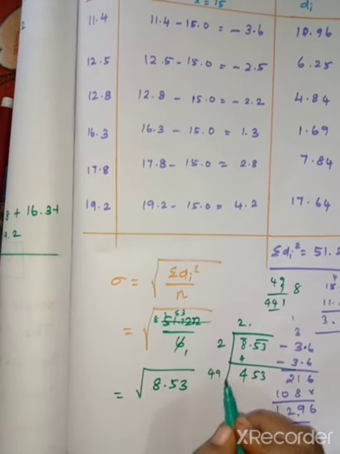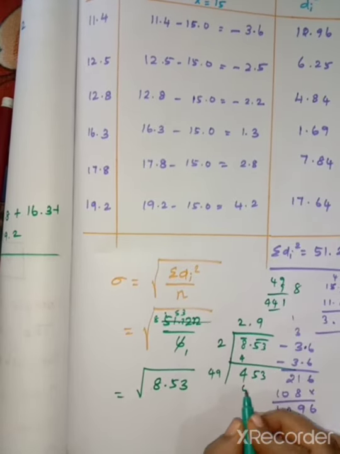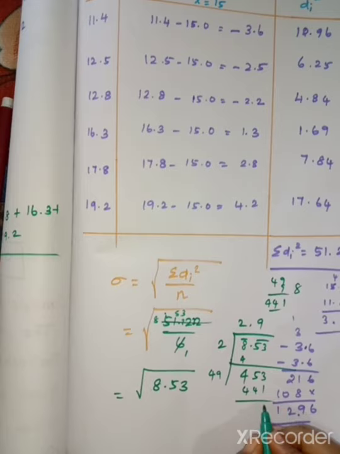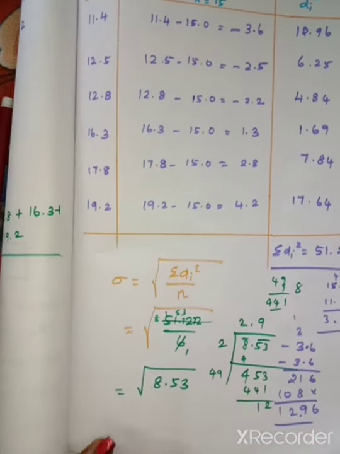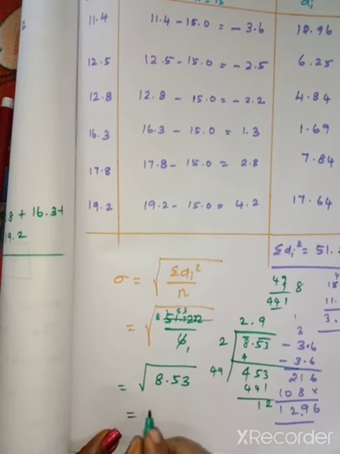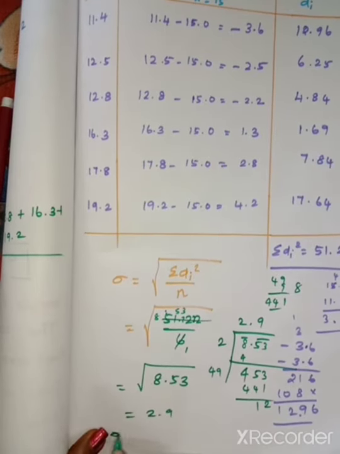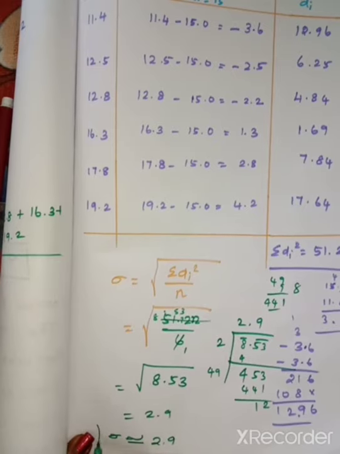So we can use 9 here, so 441. If you subtract, 12 is there. Again if you put the point, it moves on. So we can stop at 2.9. Hence the value is 2.9. So sigma, the approximate value, is 2.9.